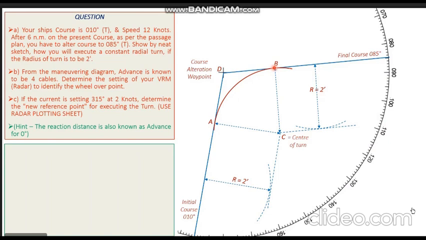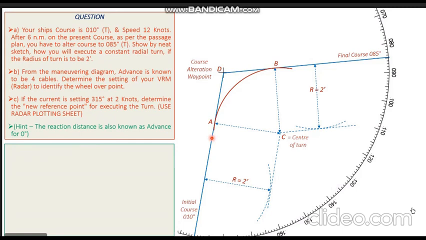We now have the curved path which will be followed by the ship when the ship is altering its course. The curved path is obtained on the plot, or if this is done on the chart, you will have the curved path plotted on your chart. Now we are aware that if the ship has to move on this curved path and the alteration has to start from point A, the rudder order has to be given or the wheel has to be put over slightly before this point.